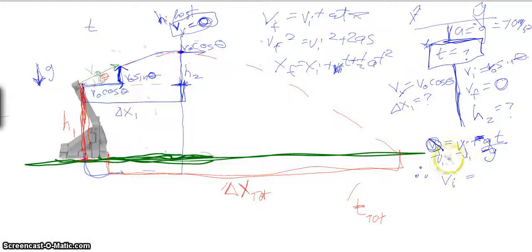I'll put that as negative g, and that would go over to this side. But anyway, that would give you velocity initial over acceleration due to gravity equals time.